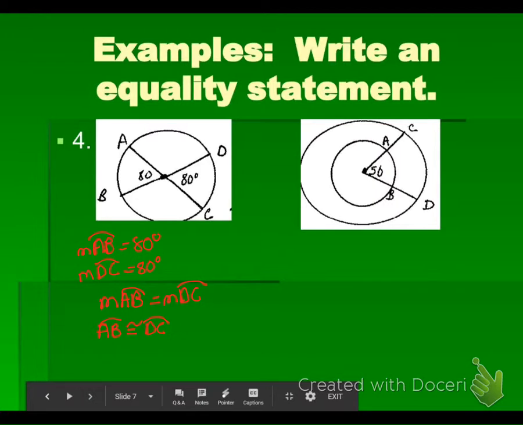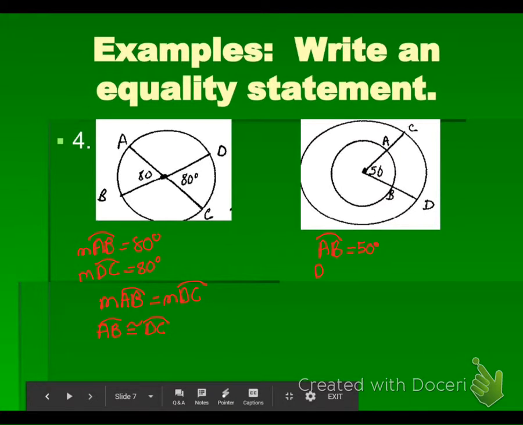Over here, we want to talk about these two. We have arc AB again. What is the measure of arc AB? Yep, Xavier? Okay. So what's the measure of AB? It's going to be 50. So we have 50 degrees.